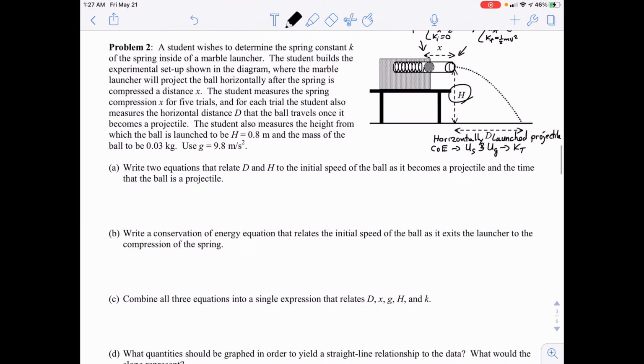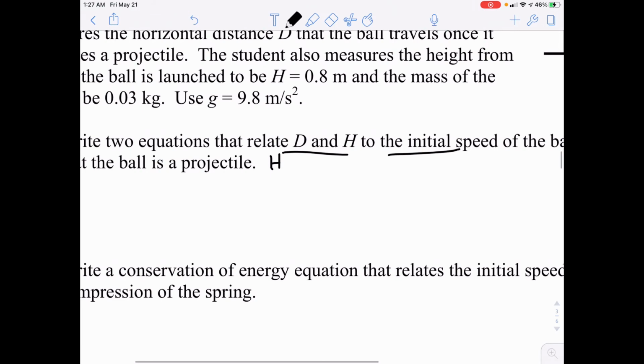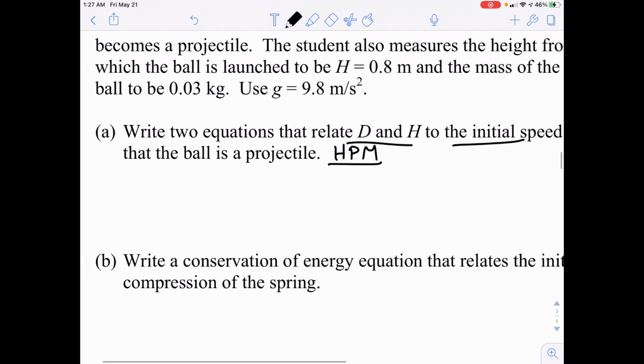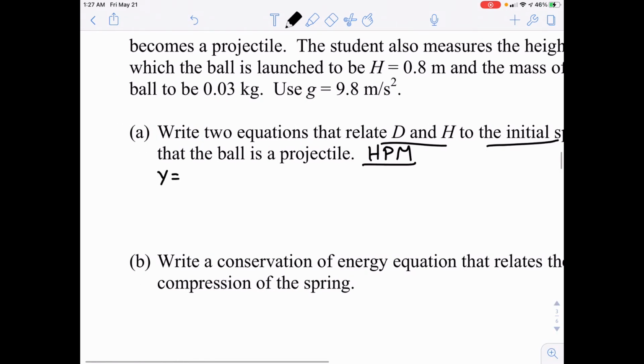Well, in part A, it says write two equations that relate d and h to the initial speed of the ball as it becomes a projectile. So now we're talking about horizontally launched projectile motion. With horizontal projectile motion, there are essentially two equations that end up being used. Equation number 1 is y equals y naught plus v naught y t minus 1/2 g t squared.